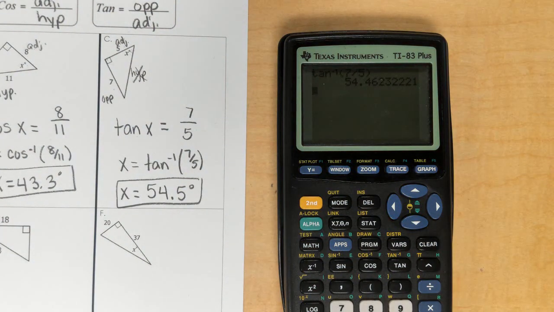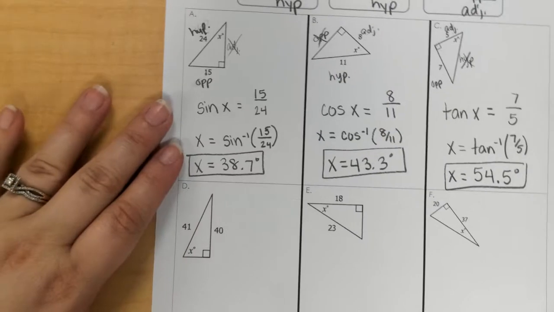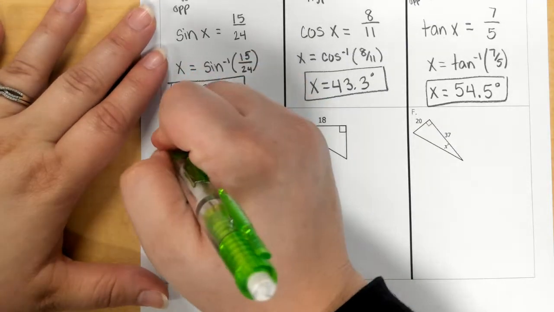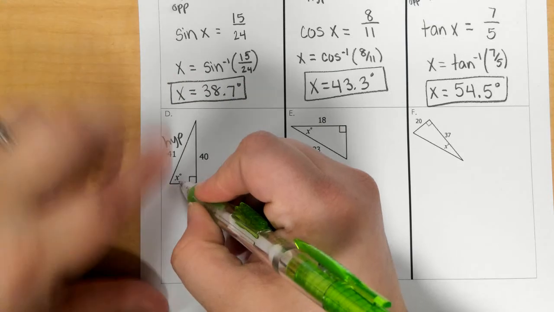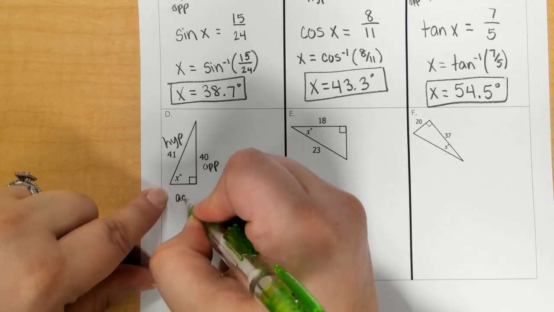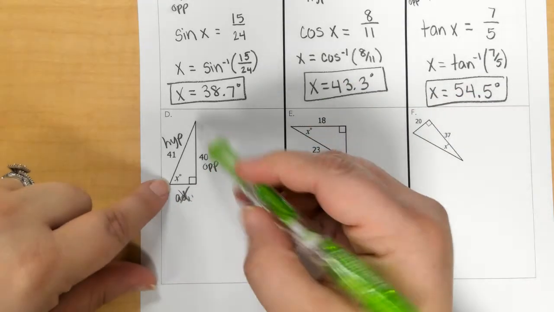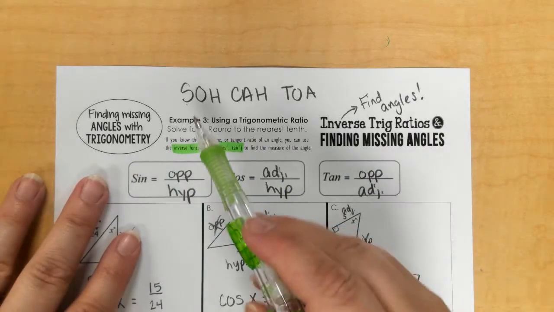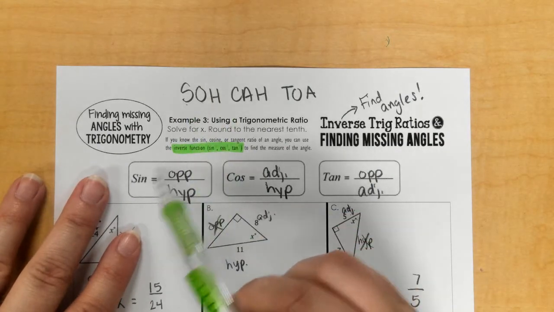Okay. Moving on to letter D. Right angle, 41 is your hypotenuse. From X, you have the opposite. And then the adjacent is extra. So opposite and hypotenuse, O and H. That's going to be sine. And sine is opposite over hypotenuse.